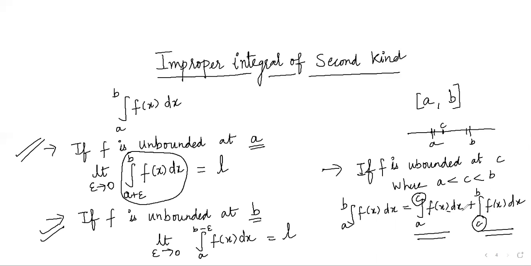If any of these two improper integrals is not defined, not converging, then this improper integral will not converge. So in this way, we will be evaluating these limits, and we will be checking whether the improper integral given to us in the problem converges or not.